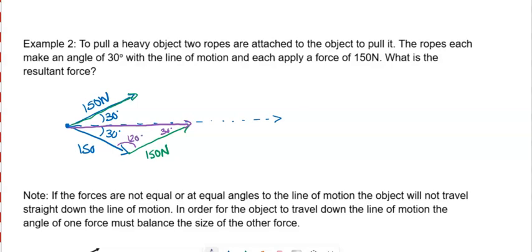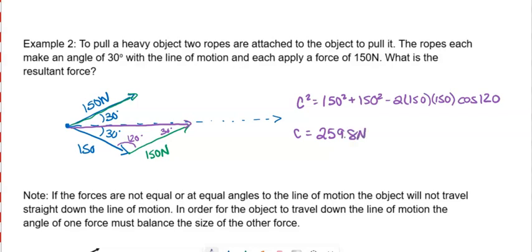In order to determine this resultant vector, I'm going to use cosine law. And when I sort this out and calculate it all, I'm going to end up with 259.8 newtons or 260 newtons.